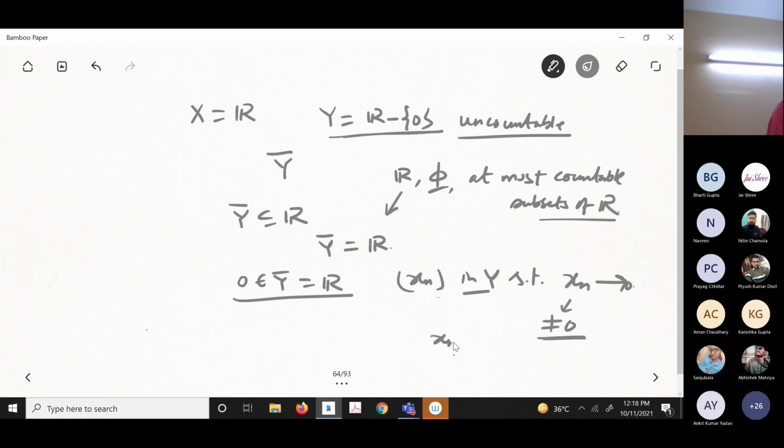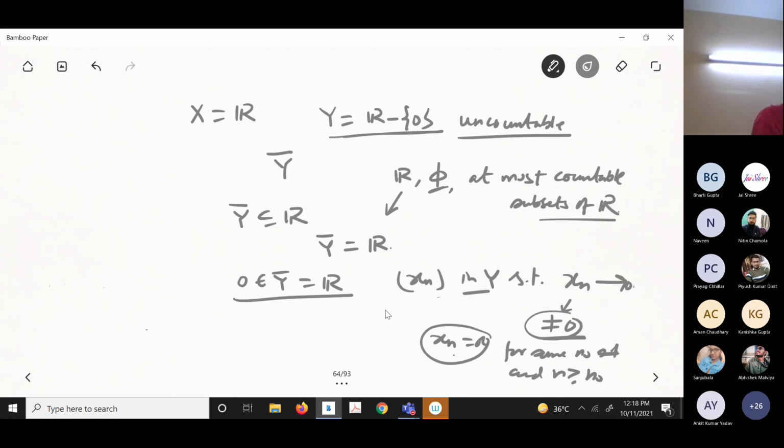That means Xn has to be equal to X for some n naught and all n greater than or equal to n naught. But that means it has to be 0, but it is not 0. So here 0 is a closure point, but there is no sequence coming from Y which converges to 0. So the sequential characterization of closure points is not possible.